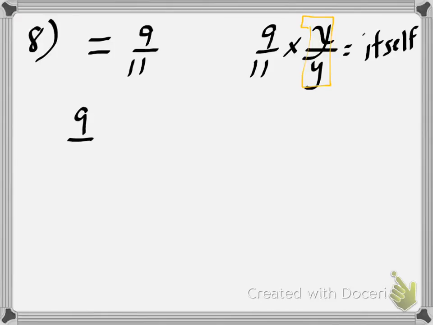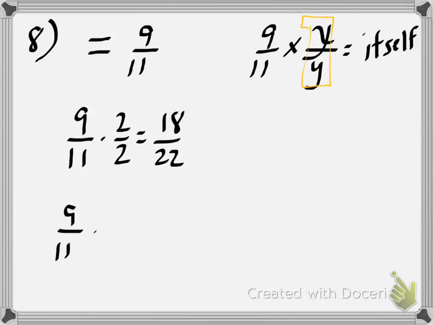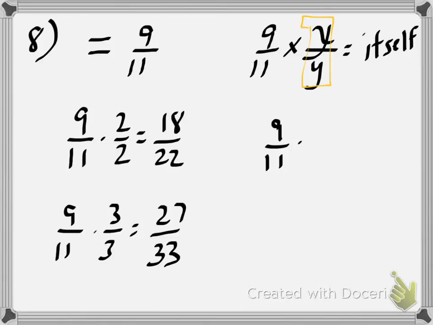So we can take 9/11ths and multiply it times 2 over 2, and we get 18/22. That would be one possibility. 9/11ths times 3 over 3, we get 27 over 33. We can do 9/11ths times 5 over 5, and we get 45 over 55.